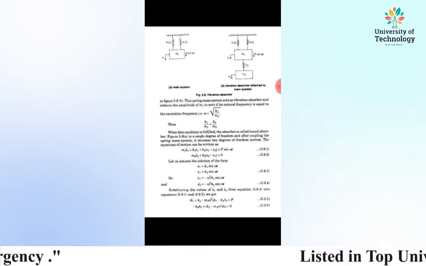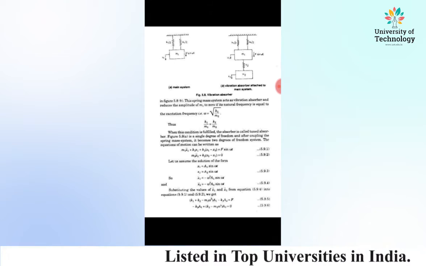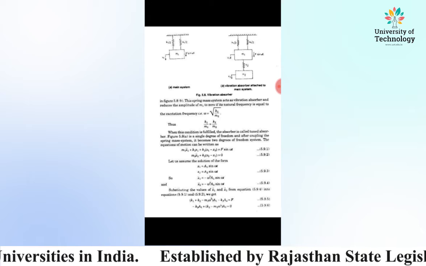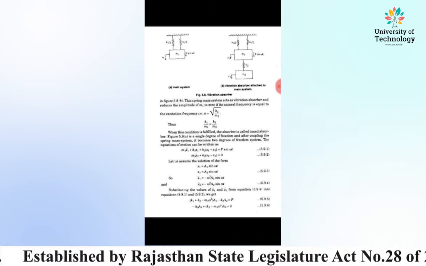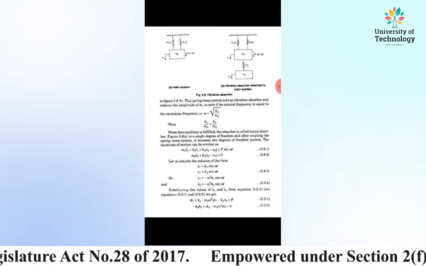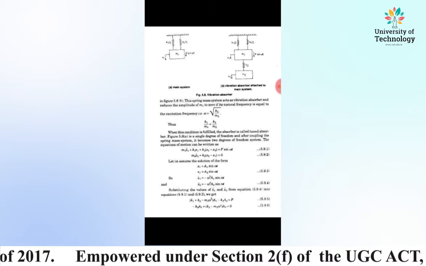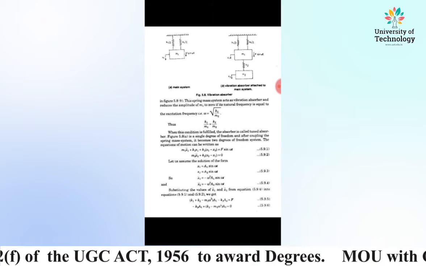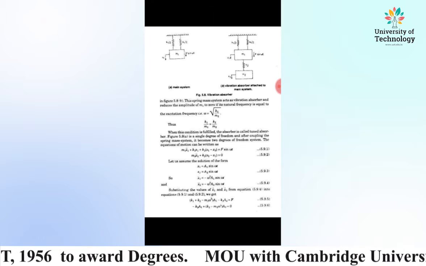For both cases, we find the frequencies omega 1 and omega 2. Omega 1 is equal to root k1 by m1, and the frequency in case of absorber, omega 2, is equal to root k2 by m2.